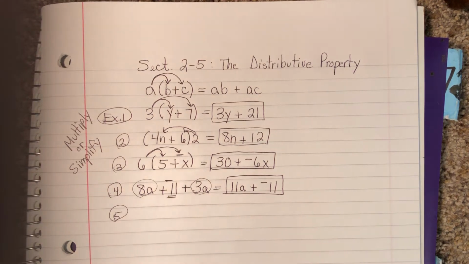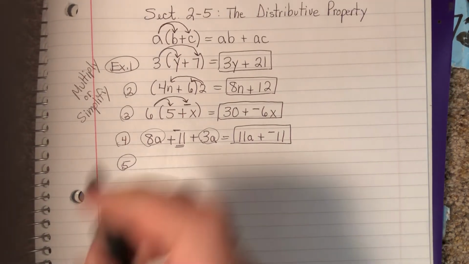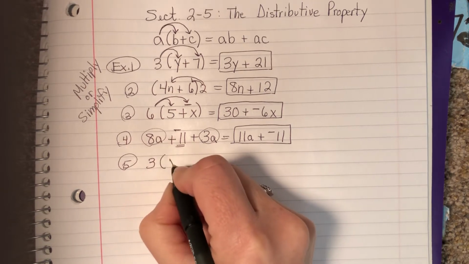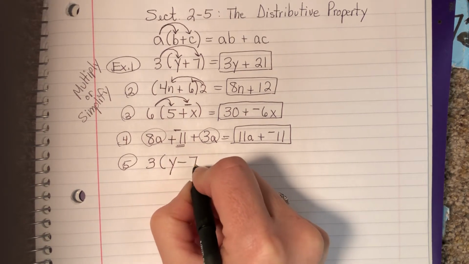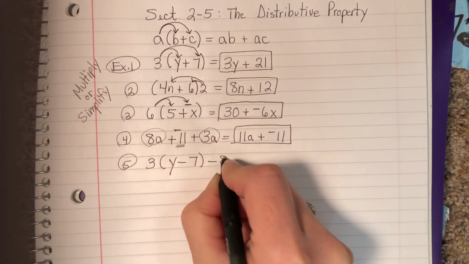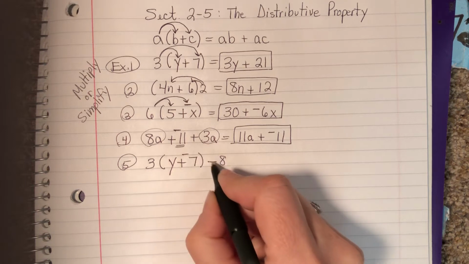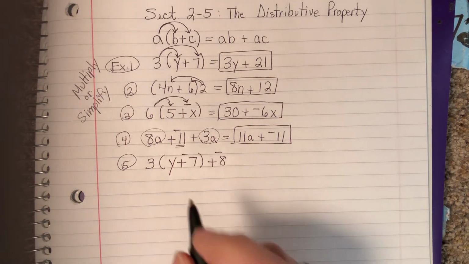And then some of the distributive problems are going to build a little bit. They'll be a little bit larger. So 3y minus 7 minus 8. So I'm going to keep change here, keep change here.